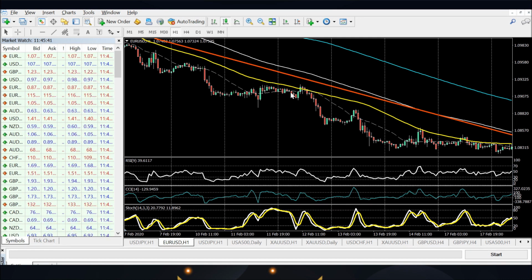So I'll wait for it to go up to the 50 SMA here. But the downside when you enter over here, which is still okay, is that your RSI, CCI and stochastics didn't really give you an extreme overbought signal. So can you still go in? Yes, you can, but it wouldn't be a super high probability trade.